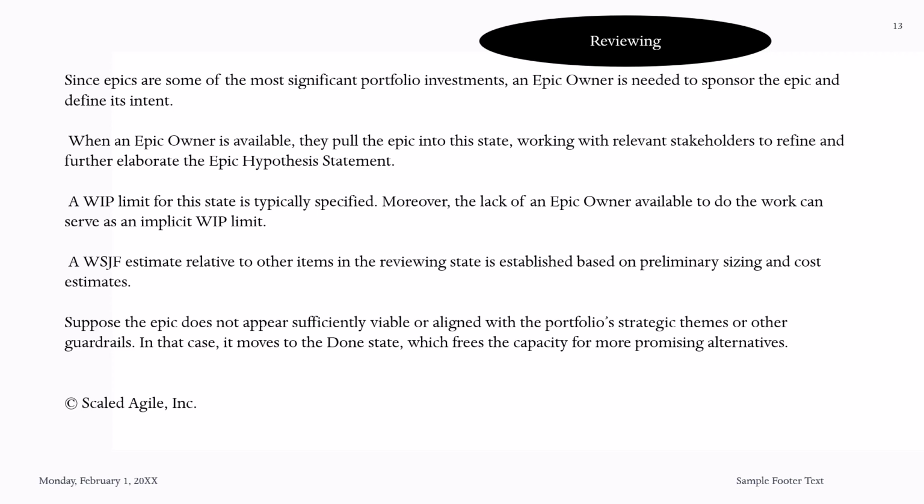As we just discussed, using the WSJF estimate relative to other items in the reviewing state is established based on preliminary sizing, cost, and estimate. We do have Lean Portfolio looking into the budget and the sizing of that epic. So doing some preliminary assignments, you can refine some of those epics during reviewing.